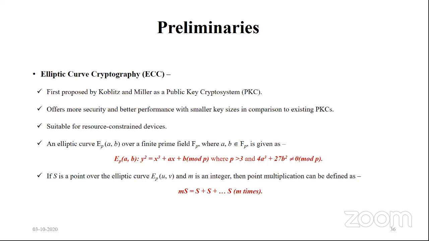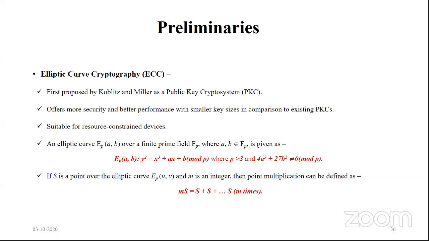Here a and b are two parameters, x and y correspond to the points on the elliptic curve, and p is considered greater than 3. There is another condition associated with it, that 4a cubed plus 27b squared is not equal to 0 mod p. So there is a mathematical relationship between a and b, and they should satisfy this equation.